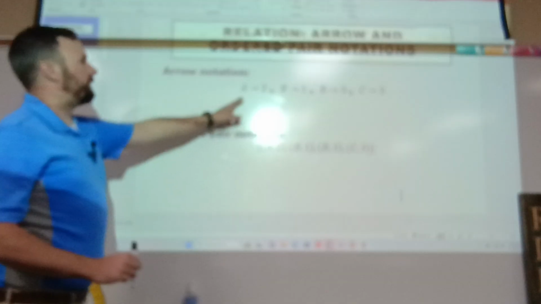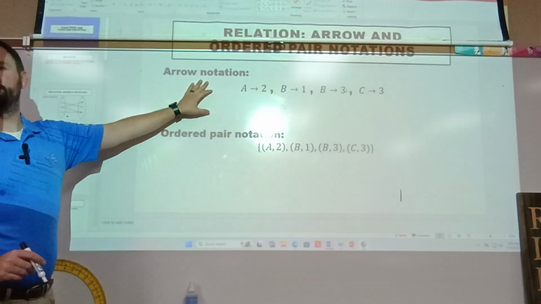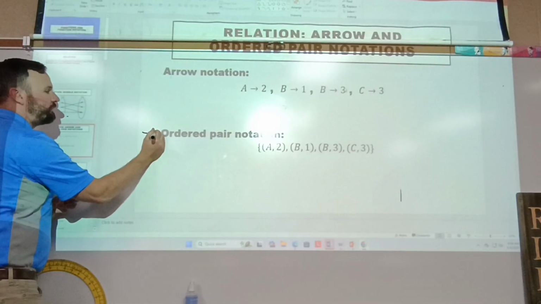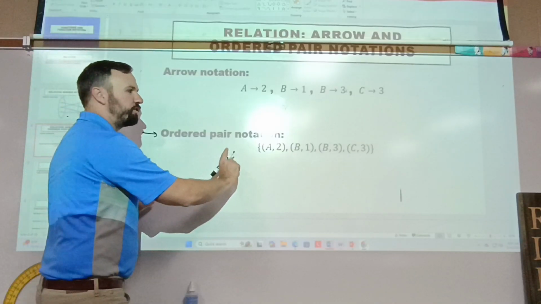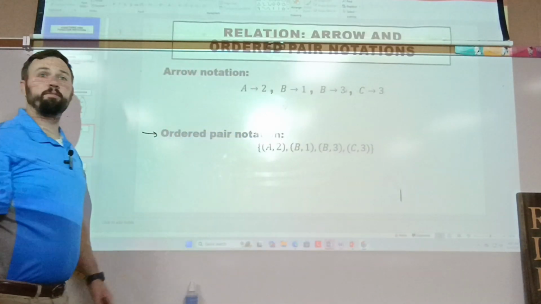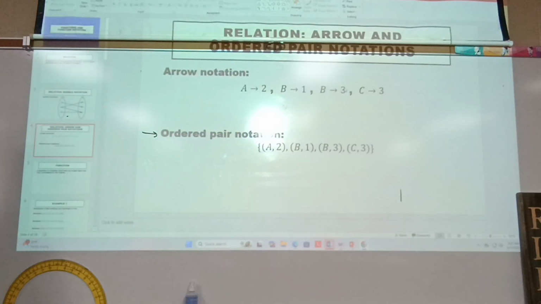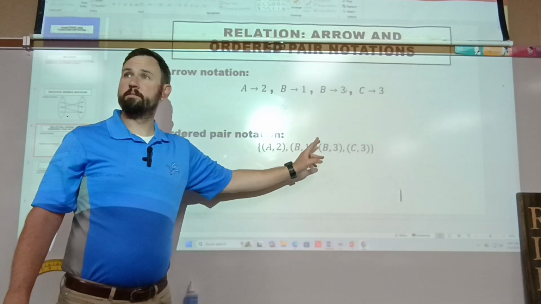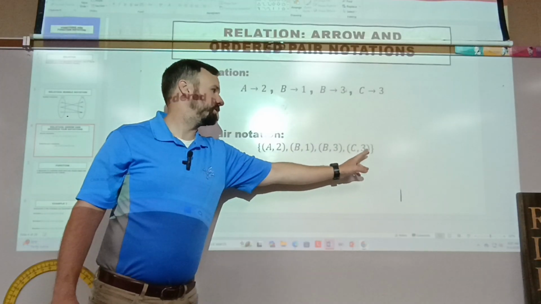You could also use the arrow notation. I've never seen that one used before in any book or anything, so I'm not worried about it. But this one I have seen. Ordered pair is used a lot, where you just list the points that you have. A goes to 2, B goes to 1, B goes to 3, C goes to 3.